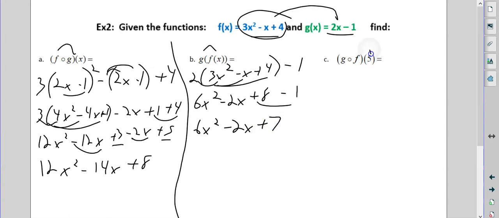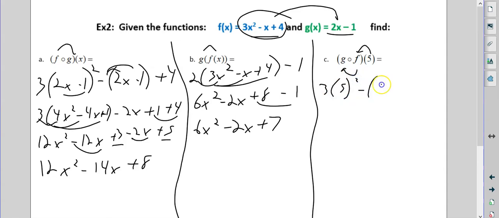And then again on this one, we're going to plug the 5 in here. And whatever we get there, we're going to plug into G. So, plug the 5 into F. 3, take the x out, 5 squared, minus, take the x out, 5, plus 4. 5 squared is 25, times 3 is 75, minus 5 plus 4, so that's 74.